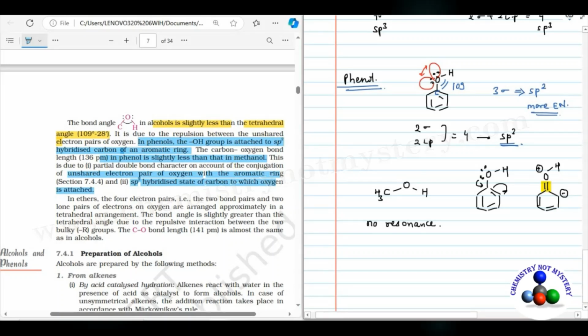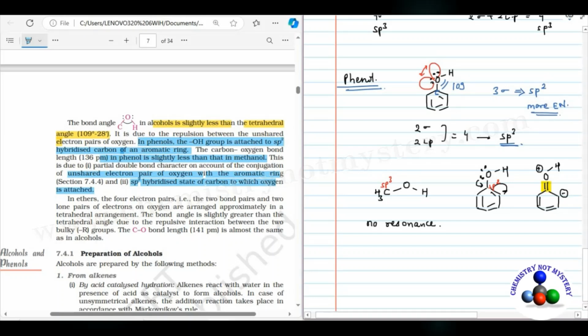In the case of methanol, the carbon to which it is bonded is sp3 hybridized, while in the case of phenol, the carbon to which it is bonded is sp2 hybridized. And the other reason is that double bond character, which can be observed in the other resonating structure. So that's why the bond length of carbon-oxygen in phenol is less than that in methanol.